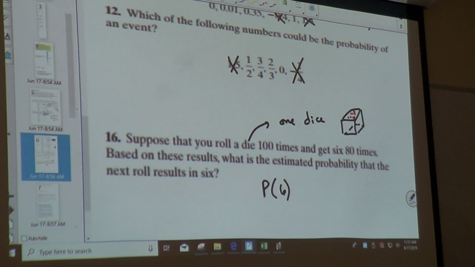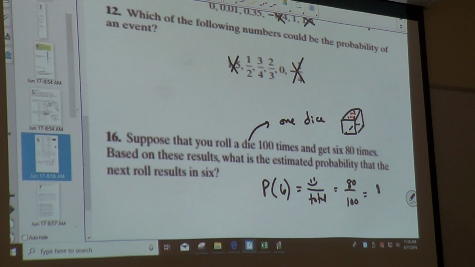On the previous page, I told you probability means what makes me happy over total. So how many total times did I roll the die? 100 times. And how many of those times made me happy? 80.